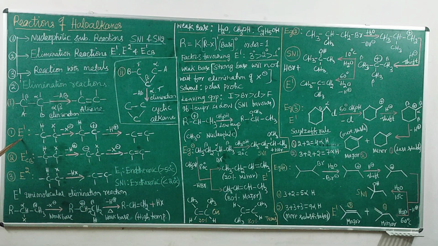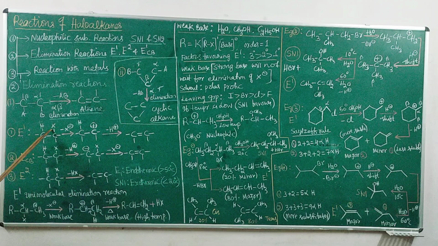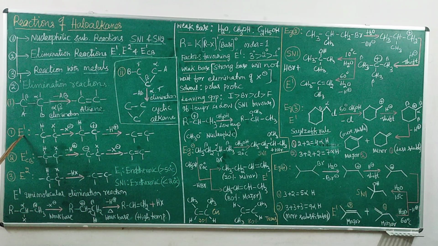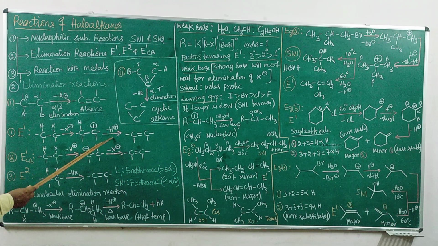So what is E1? Same compound here. This is A, this is B. A is H. It is 2 adjacent carbon atoms. This is a halogen atom. So these two can be eliminated as HX. In E1, there are 2 steps involved.